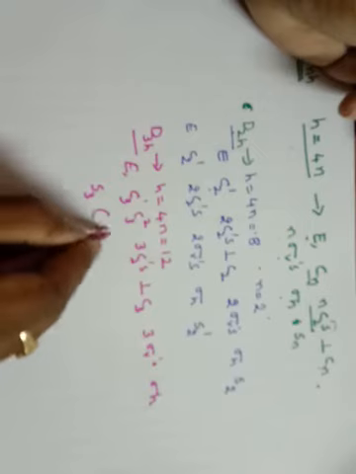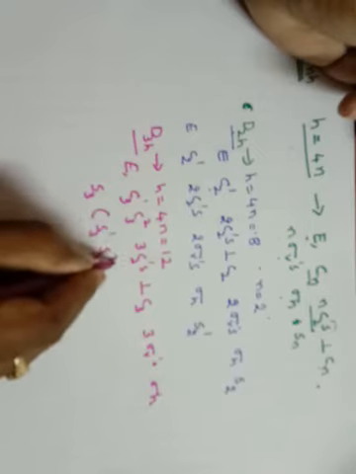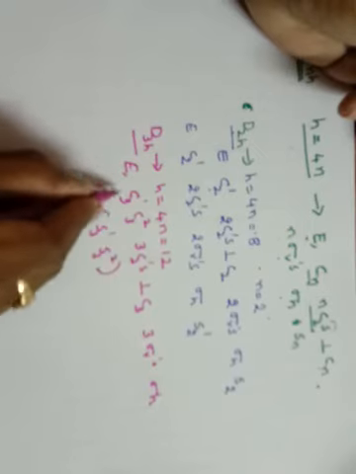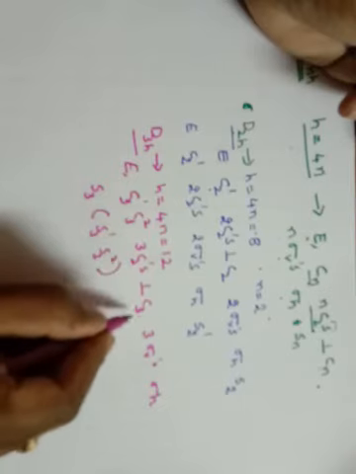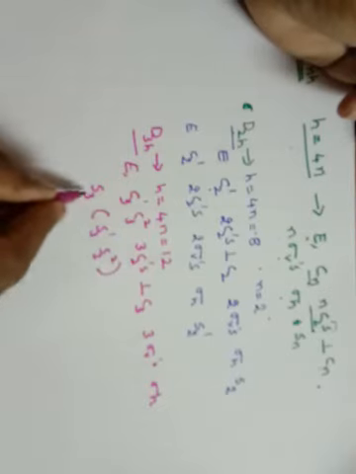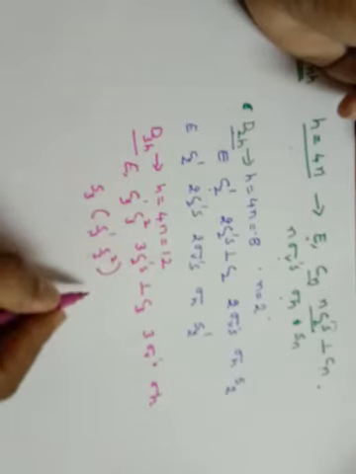Here it is S3 1, S3 2. Now if you see 1, 2, 3 and 3, 6 and 9, 10, 11, 12, total 12 symmetry elements.